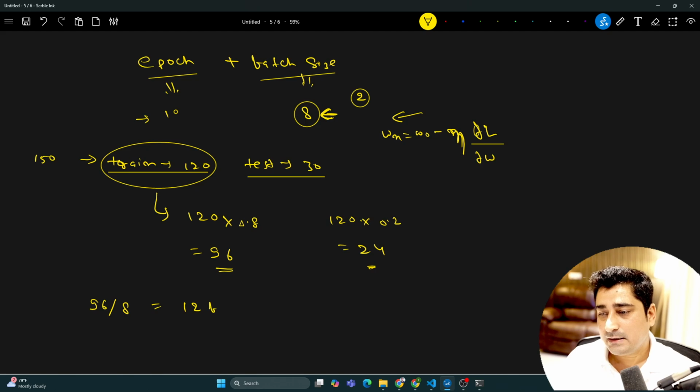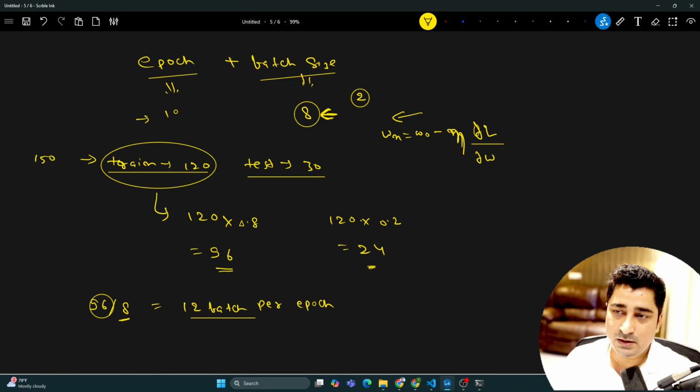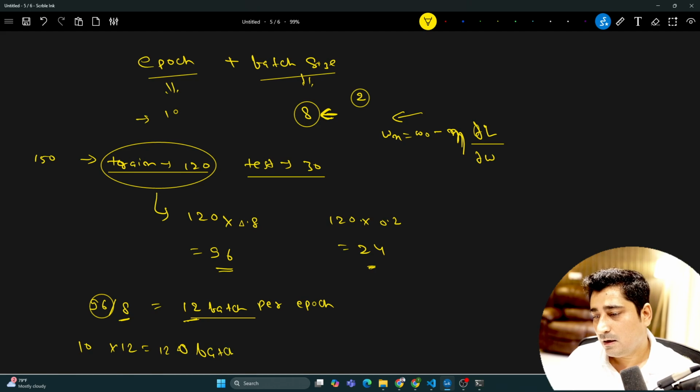The batch size is 8, so 96 divided by 8 is equal to 12 batches per epoch. So in 10 epochs, obviously we'll have 120 batches.